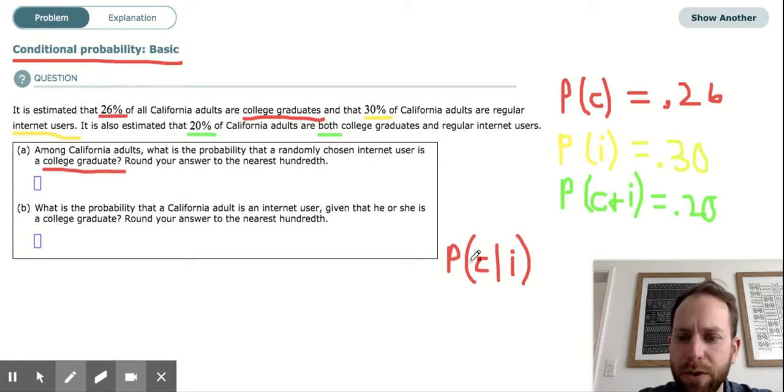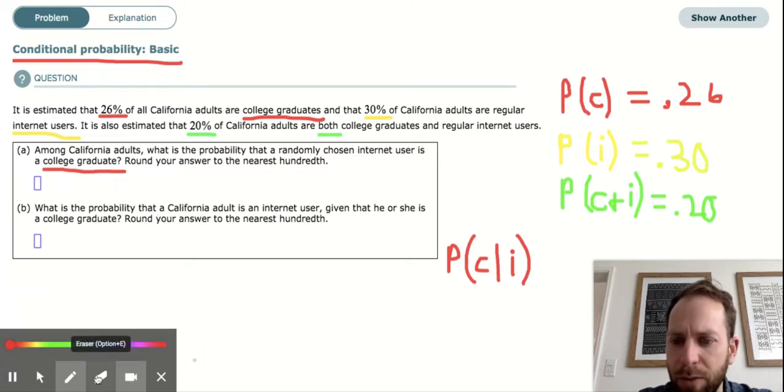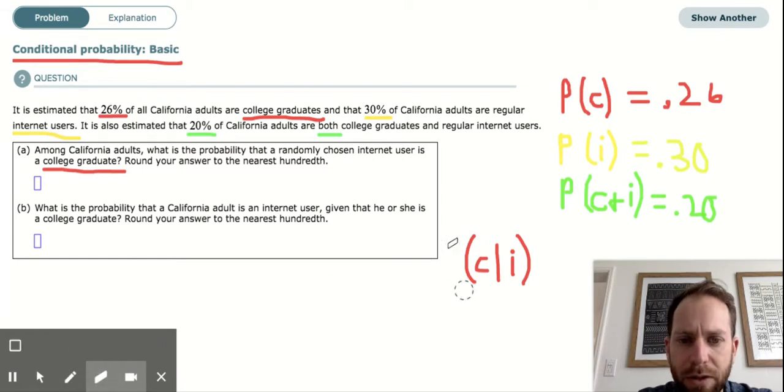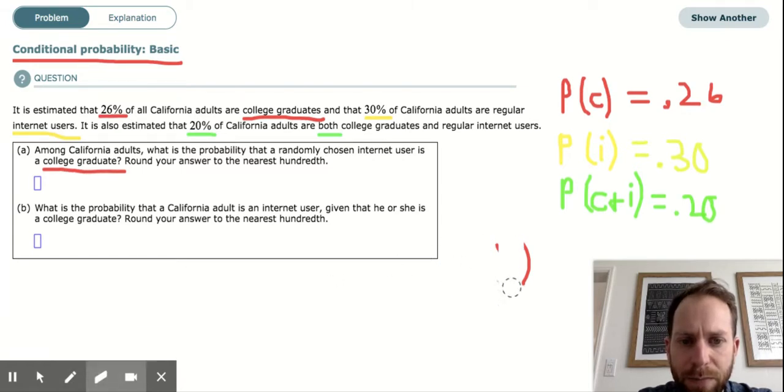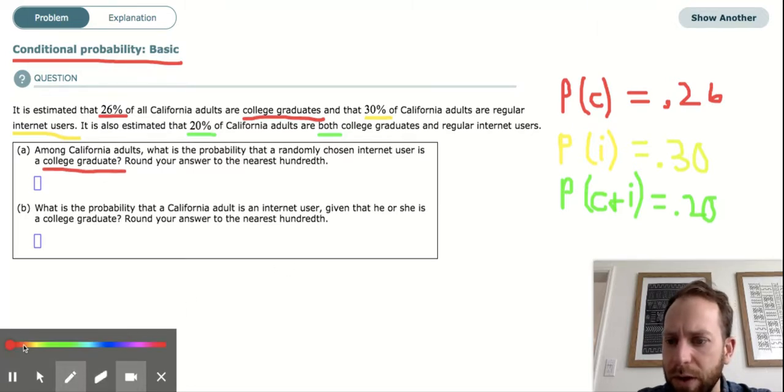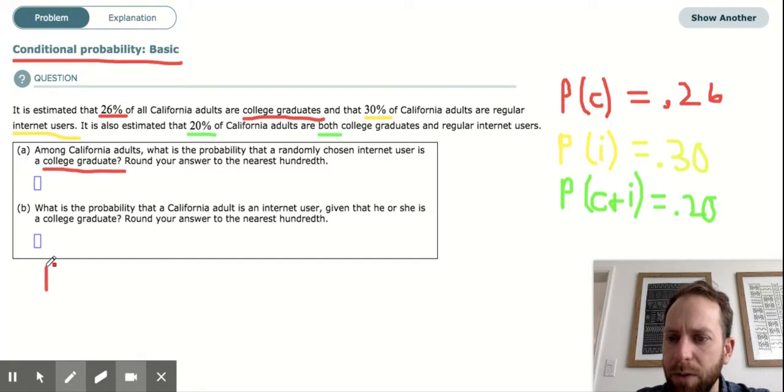So in order for us to do that, I'm going to write that a little bit to the left. Let's try that again. So here's A first. The probability that someone is a college graduate given that they are an internet user.